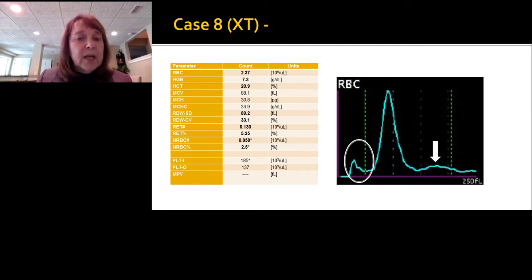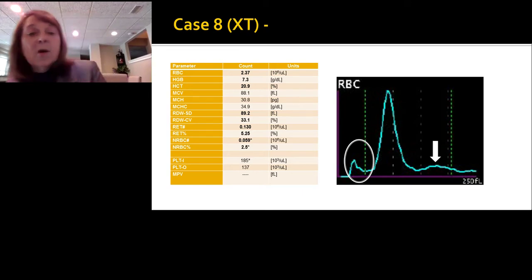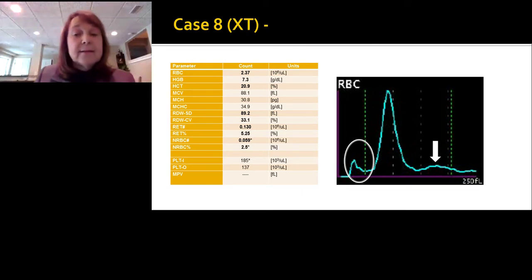We have a peak that occurs before the threshold, and we have a minor peak that occurs after. Remember, these indicate that red cells are larger as we go to the right on the x-axis, and smaller as we go left on the x-axis.